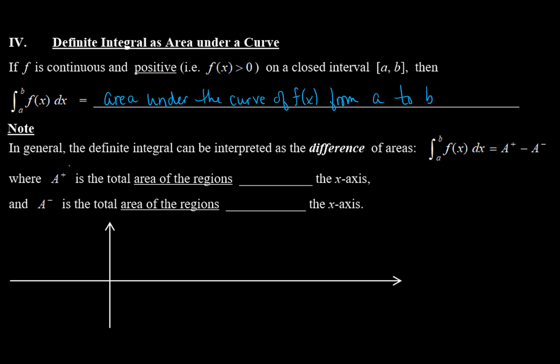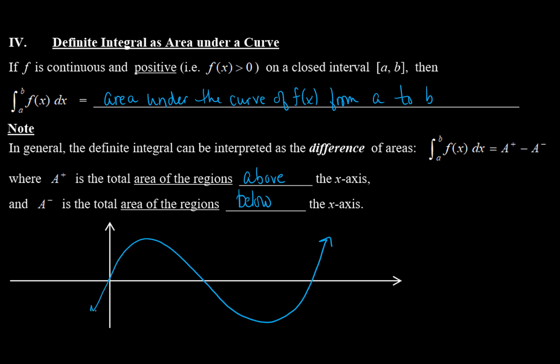So in general, the definite integral can be interpreted as the difference of areas, where the positive is the total area of the regions above the x-axis, and the negative is the total area of the regions below the x-axis.